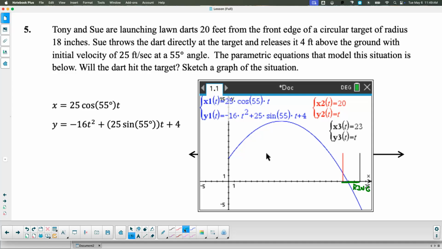She hit the ring, so yes, she did hit the target.